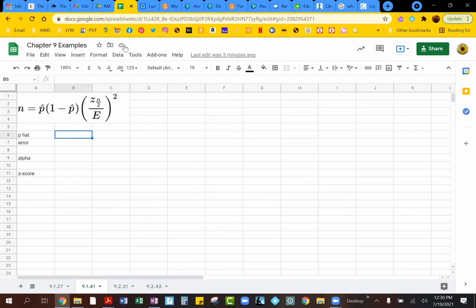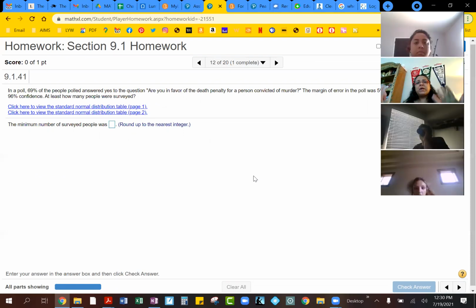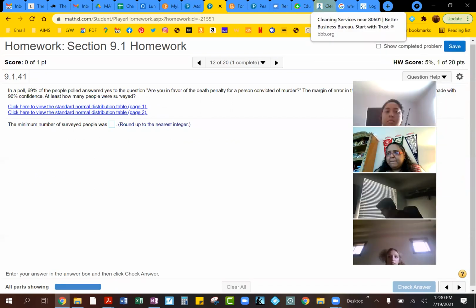Okay, so our p hat, what do you think, just by reading this example here, do we get an idea of what that point estimate or the population proportion should be, looking at these numbers here? We know our confidence level is 96%, margin of error is 5%. 69% of the people answered yes to this question.